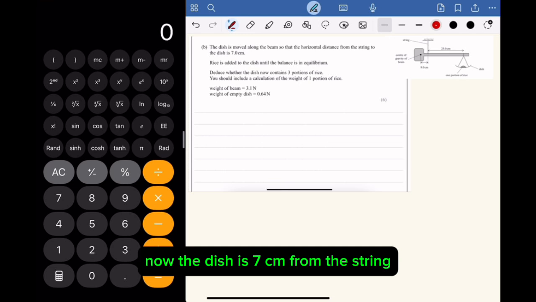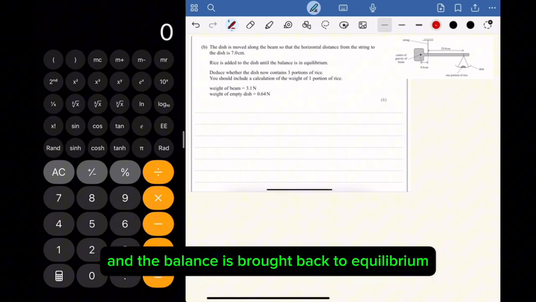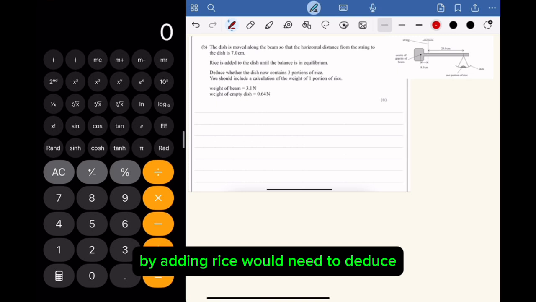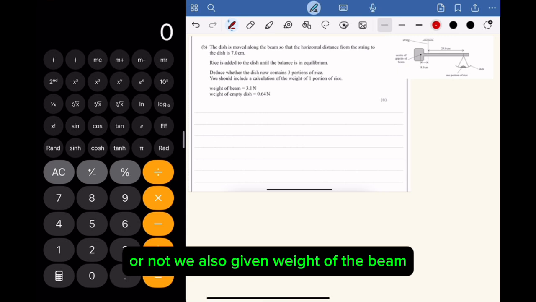Now the dish is 7 centimeters from the string, and the balance is brought back to equilibrium by adding rice. We need to deduce if the dish now contains three portions of rice or not. We're also given the weight of the beam.